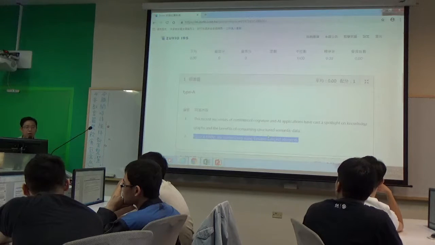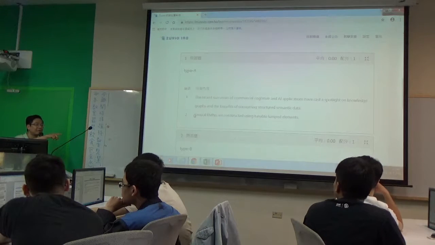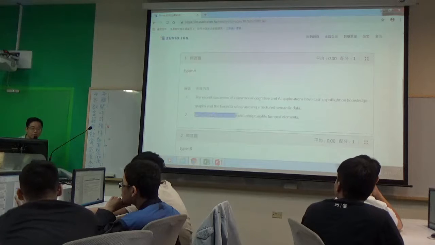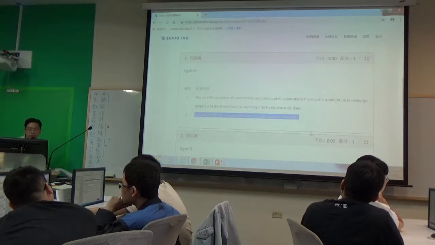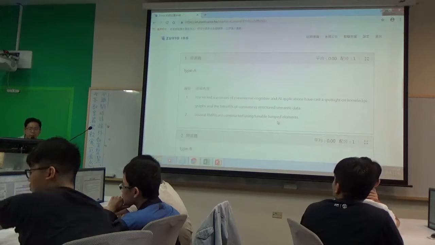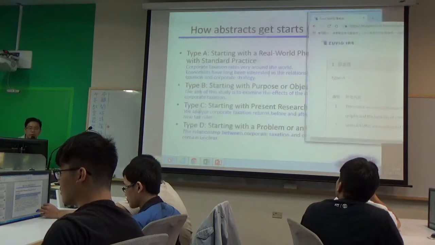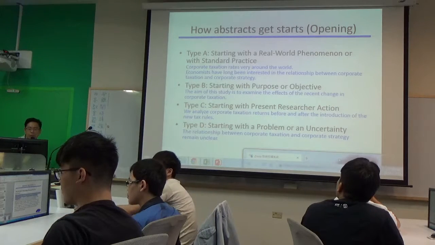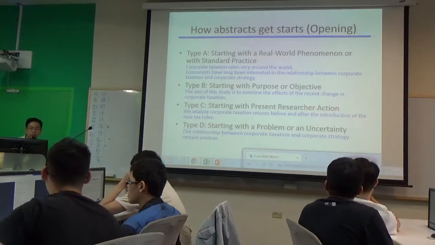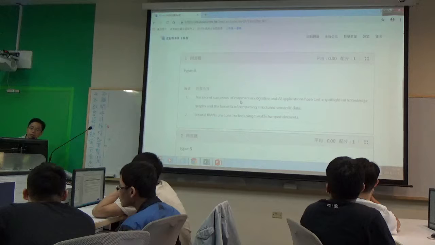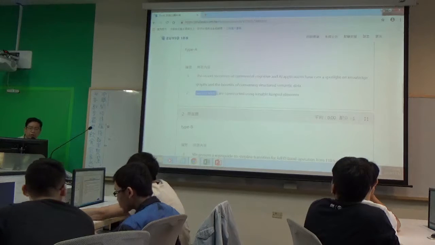I don't think this is type A. Using tunable lumped element, but it's close to type A. Okay, this is a phenomenon. Several. Okay, type A.